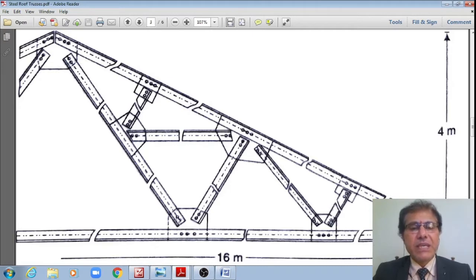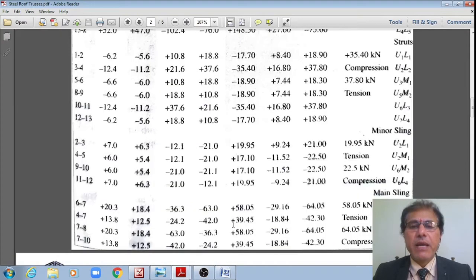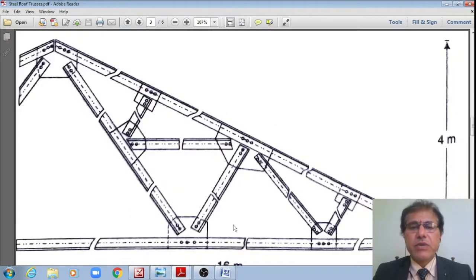Therefore, now we will see the design of this main sling and that of the minor sling as well as that of these struts along with the bolted connections. Let me go back to the design, students.